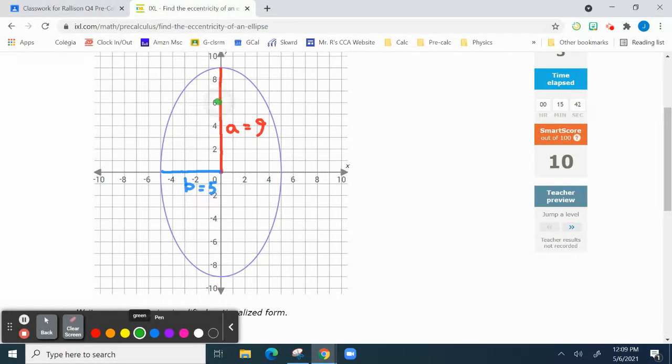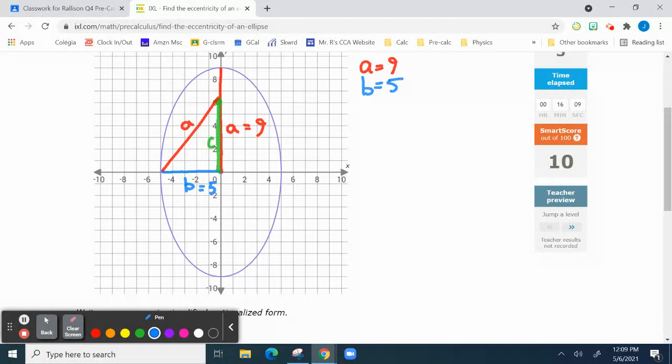I'll just stick it right there somewhere. That's our C. We still have to find it. And the A is going to be the hypotenuse of the triangle. So let's put what we know up here. A equals 9, and B equals 5. So we want to know what C equals.